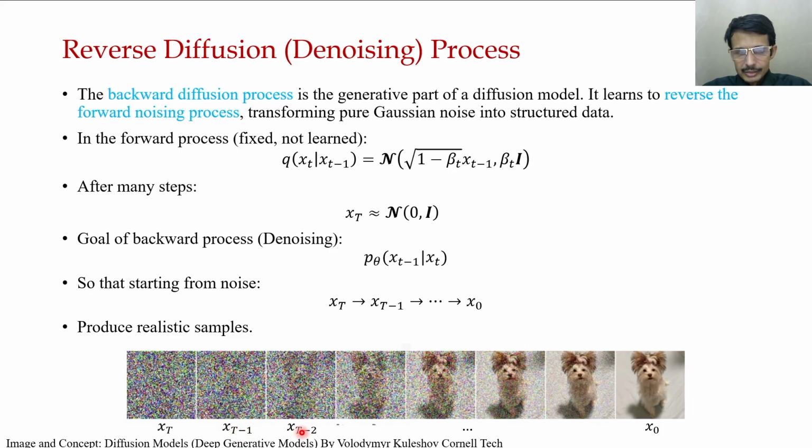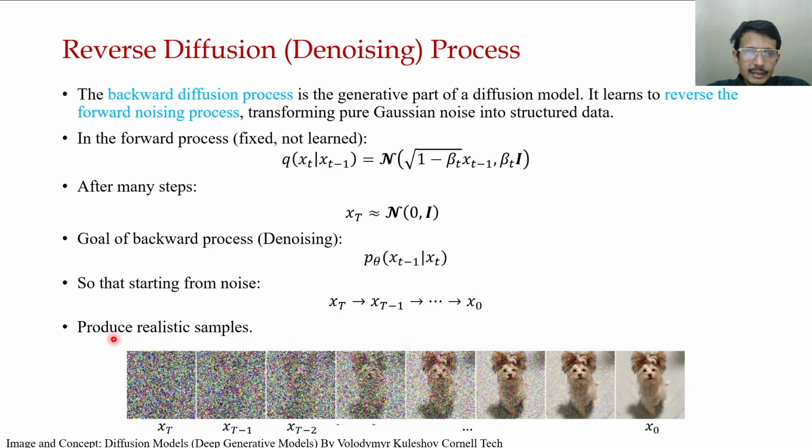Then xt minus 1 to xt minus 2, and so on. That is the backward process, starting from the noise. So xt is a noise, and slowly we denoise. We progressively or successively denoise at each step to get back the original image.